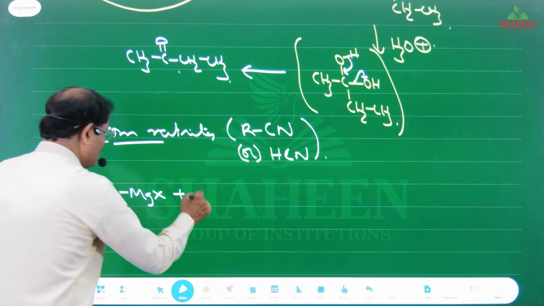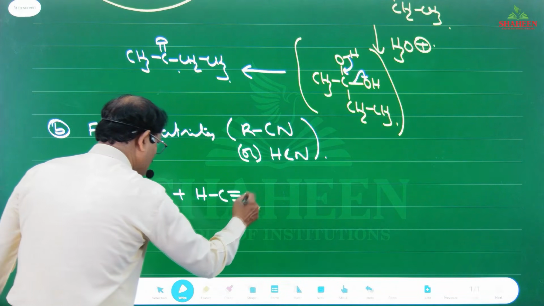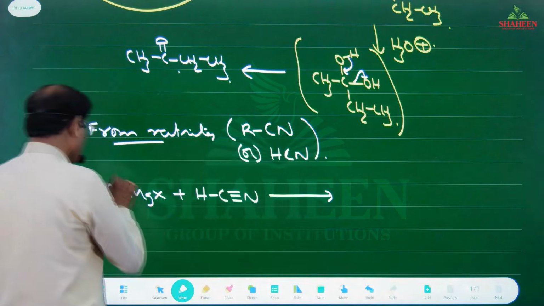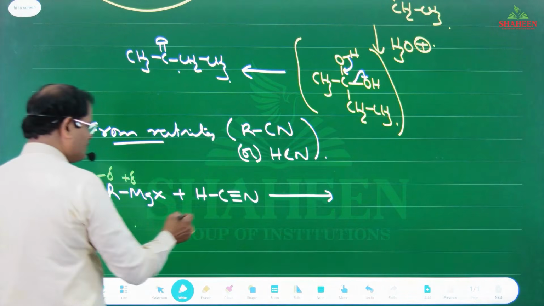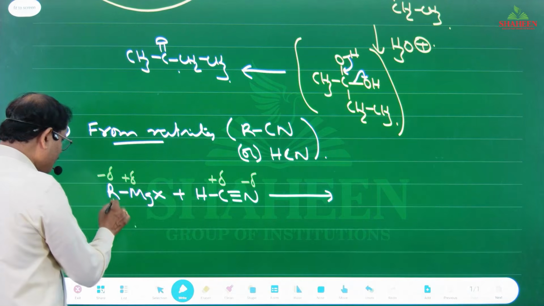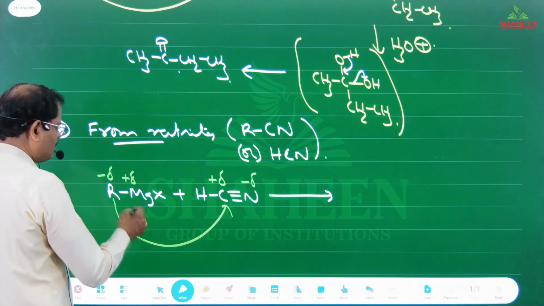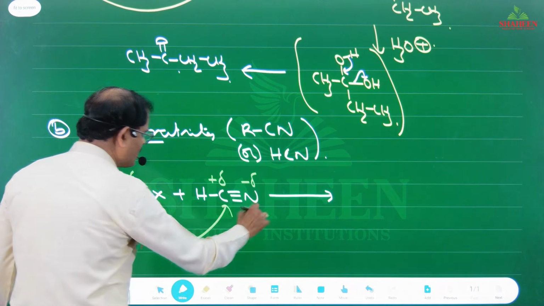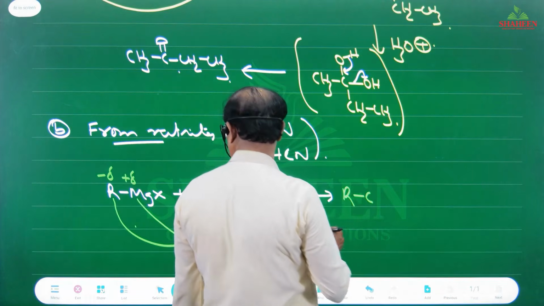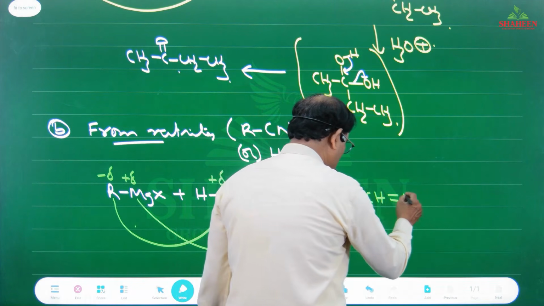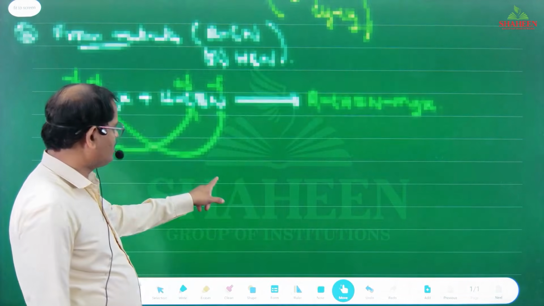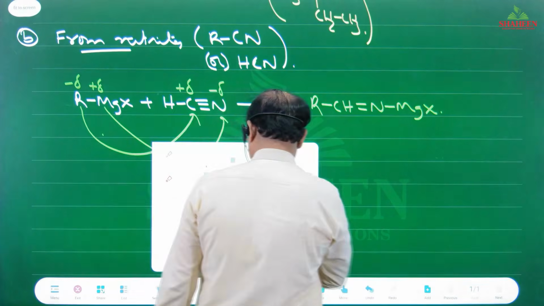RMgX plus HCN: partial positive, partial negative, partial negative, partial positive, and the negative is bonded with the positive site and the positive with the negative site. Here we have RCH double bond N MgX, and on hydrolysis it can give a carbonyl compound.